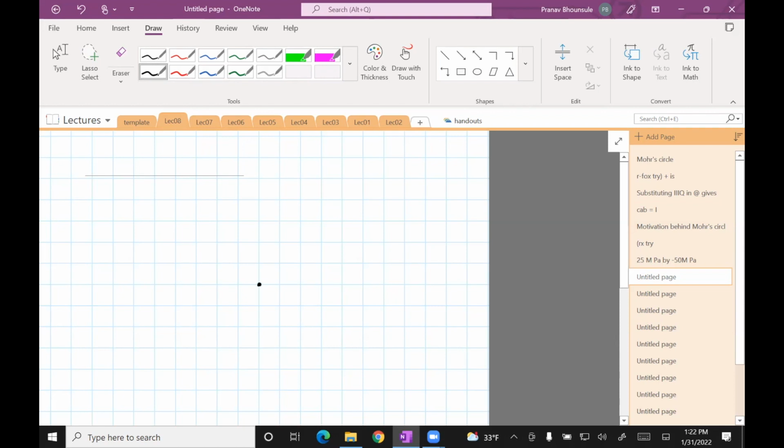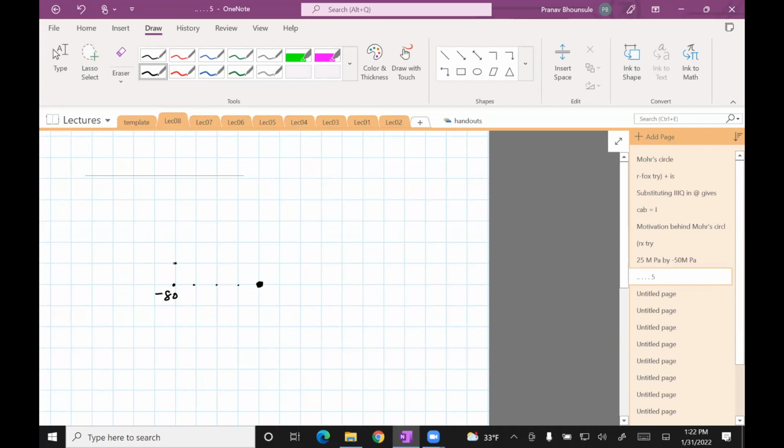Okay, so let's choose an origin, and then let's assume that each of these is 20 units. So if each of them is 20 units, then if this is the origin, I need to find minus 80 on the x-axis. So 20, 40, 60, 80. So minus 80.